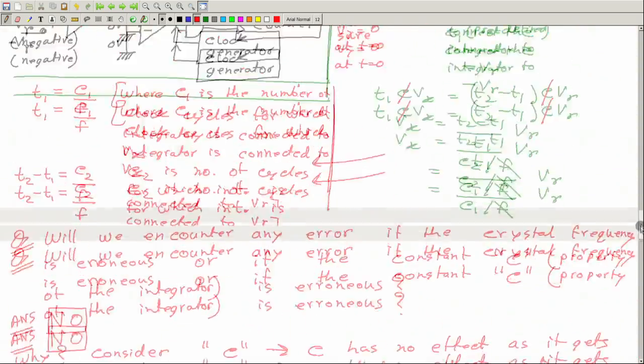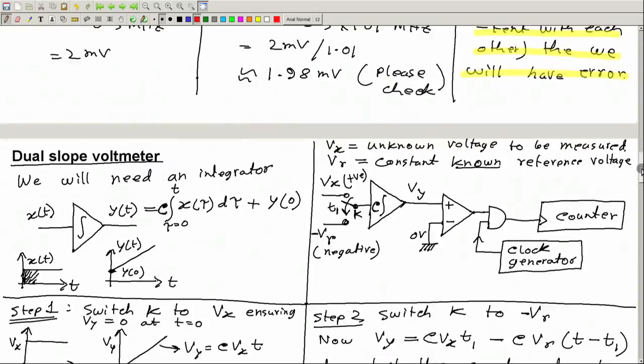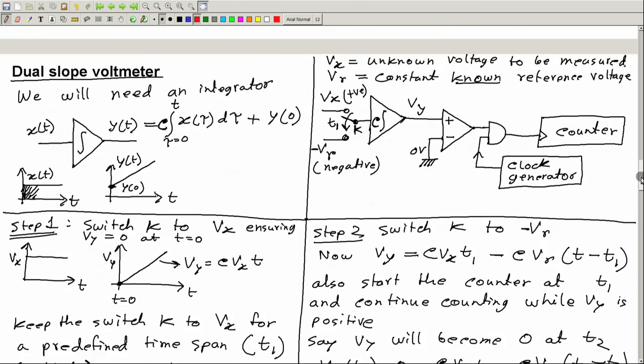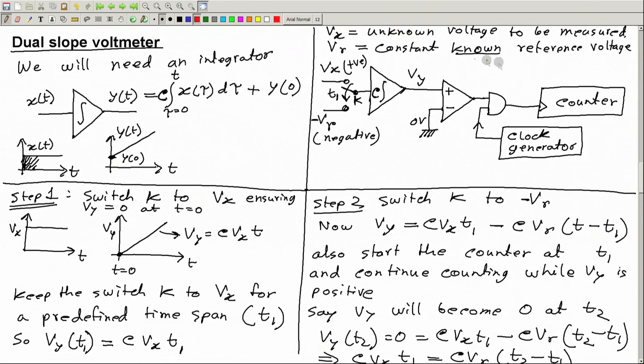Now, let us go back and look at this. So, this was kind of a schematic of a dual slope voltmeter. This is yet an incomplete schematic. We will complete it soon.